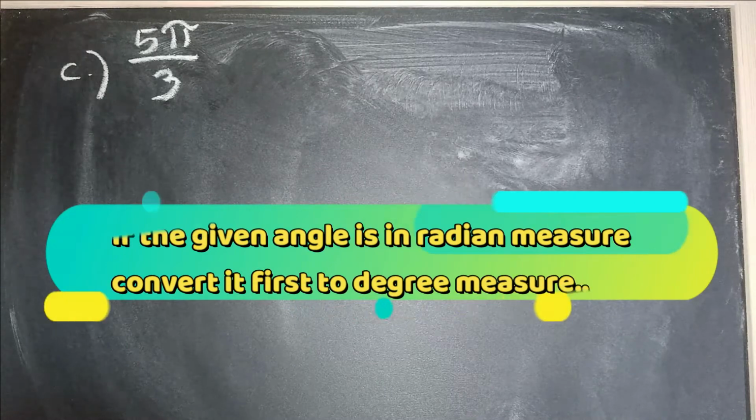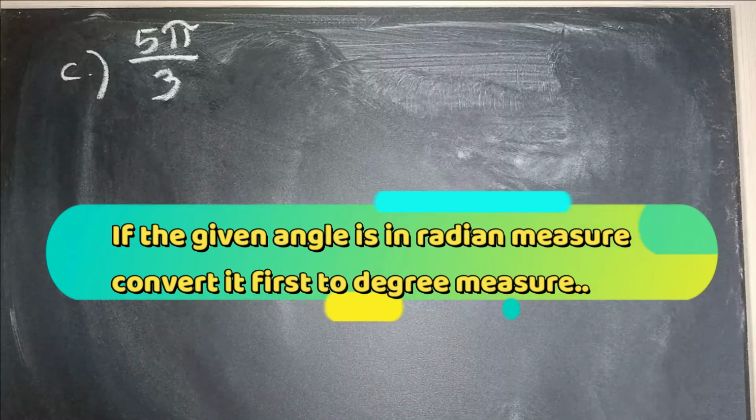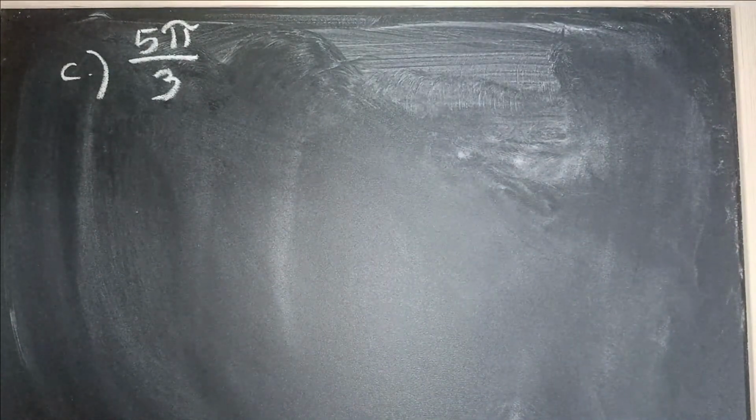Okay, next, we have 5 pi over 3. So, mas maganda po na i-convert muna natin yung radian measure since the given angle is in a radian measure. Mas mainam po na i-convert muna natin siya sa degree measure para mas madali nating makuha yung sine, cosine at tangent value nito. So, in order to convert 5 pi over 3 into degree measure, meron din po tayong ginawang video regarding that.